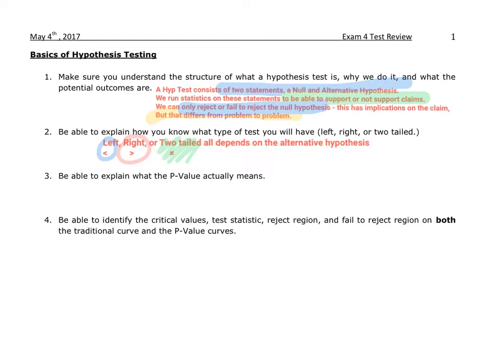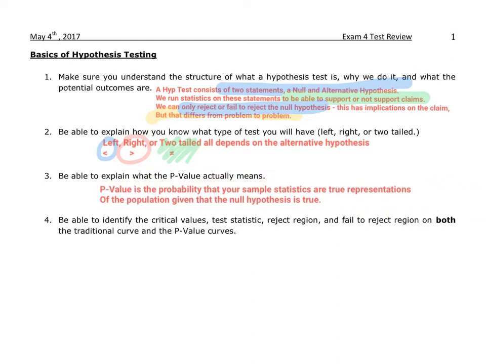The next question I'm asking you to know is to be able to identify what a p-value actually means. And the p-value is a probability. I know there's lots of p's in the class, but this is a probability. And what it's really saying is how likely your sample statistics are to be a true representation of the entire population, given that the null hypothesis is true. Remember, we always assume that the null hypothesis is true.